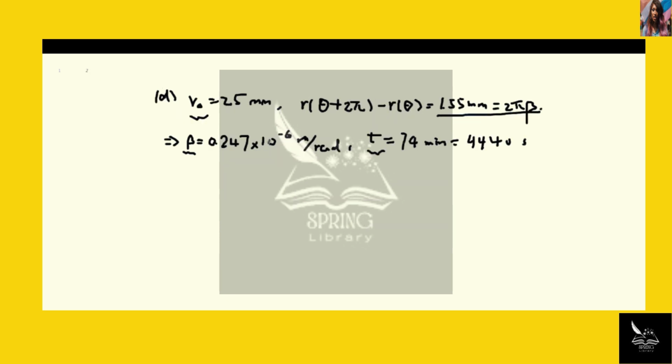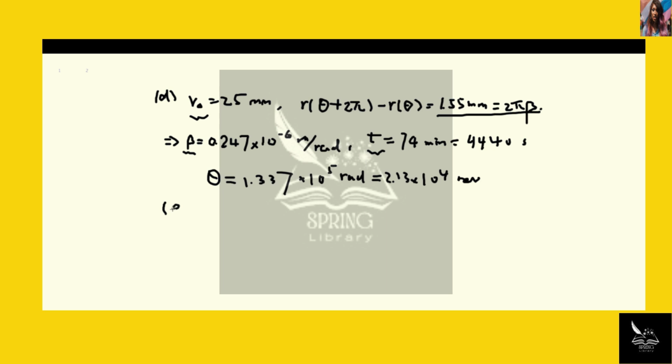We can safely find theta to be 1.337 times 10 to the 5 radian, or in terms of revolutions, 2.13 times 10 to the 4 revolutions.